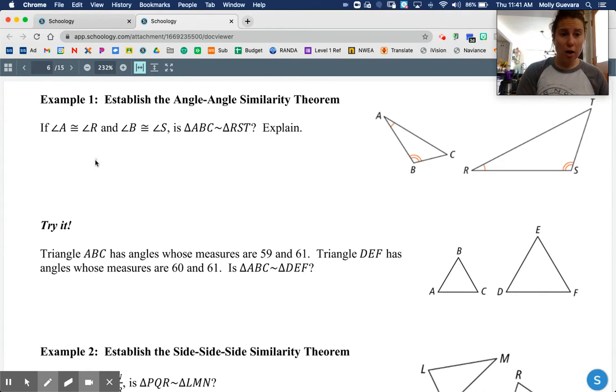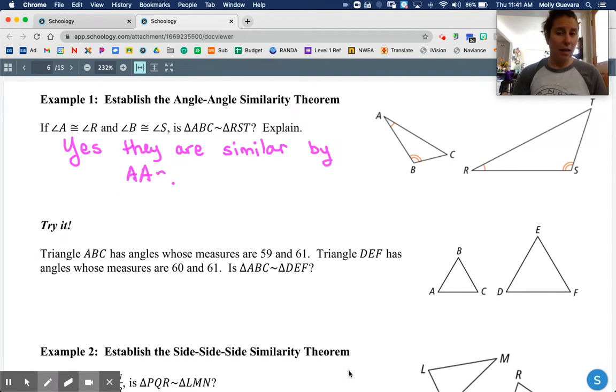So because I have an angle, angle, I can say yes, they are similar. And the explanation can just be by angle similarity. That's a theorem. You can use that to explain your reasoning.